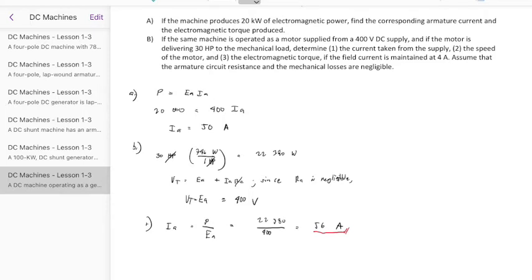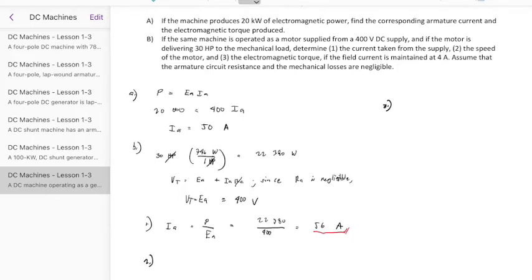Then number 2, we have to solve for the torque first. So isolve na to si number 3 dere.